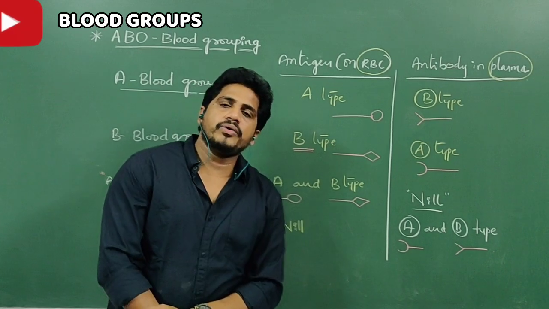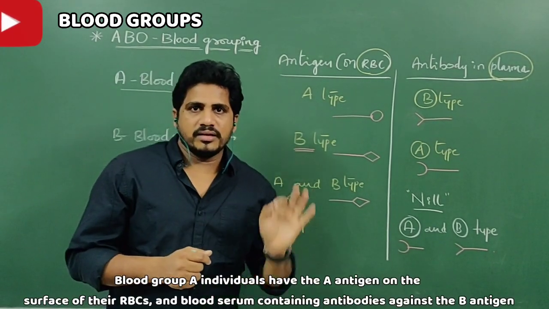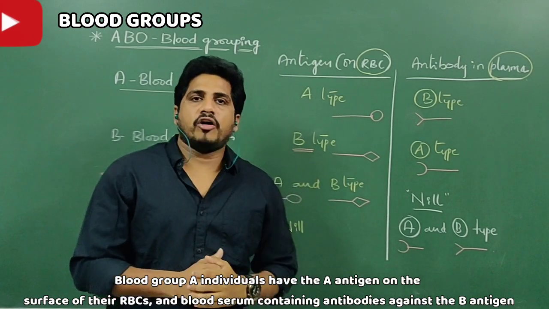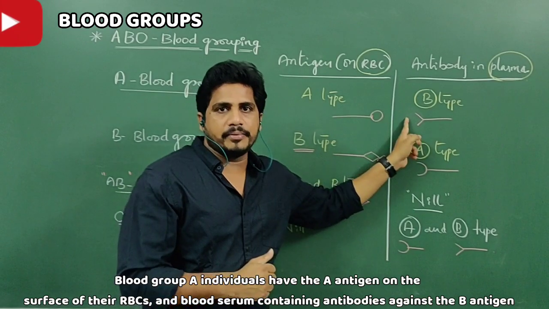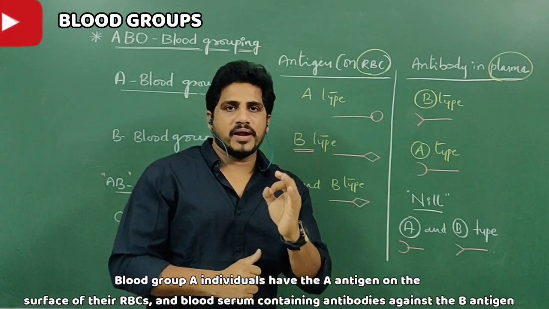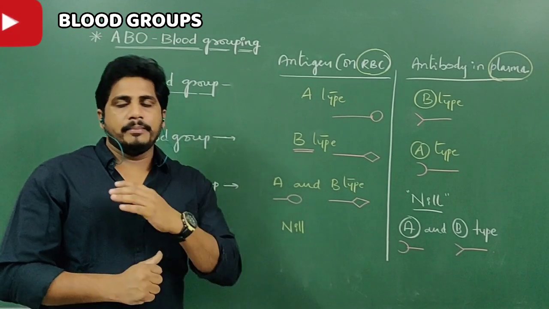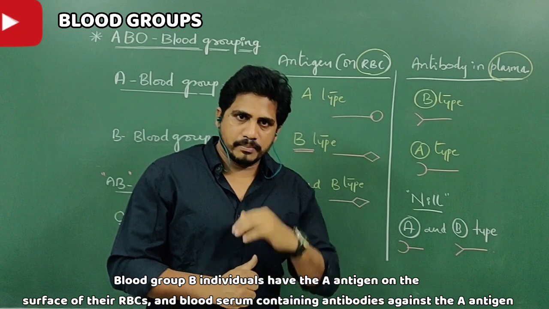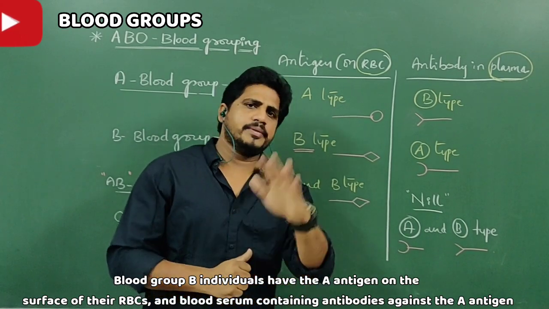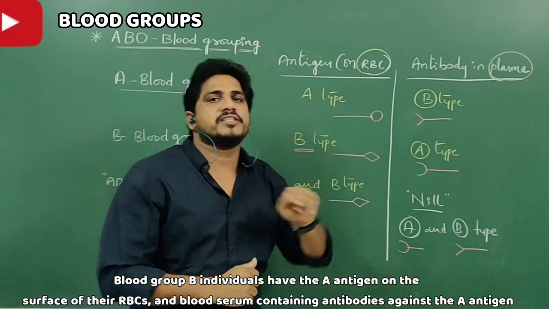How do you have to define an A blood group person? In an A blood group person, antigen type A is present on the cell membrane of the RBC, whereas antibody type B is present in their plasma. That's it. What is the definition of a B blood group? In a B blood group person, antigen type B is present on the RBC membrane, and A type antibodies are present in their plasma.